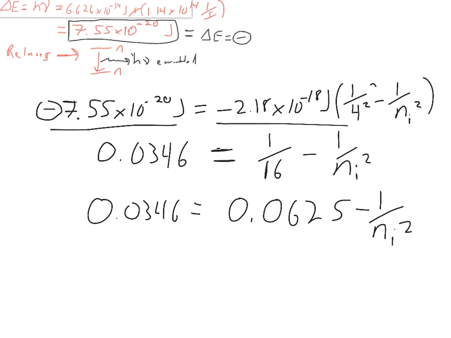If I subtract 0.0625 from both sides, negative 0.0279 is equal to negative 1 over n sub i squared. Notice the negatives cancel.